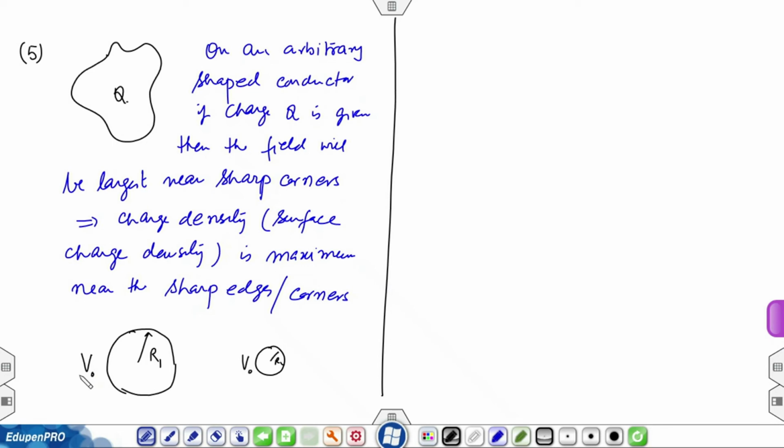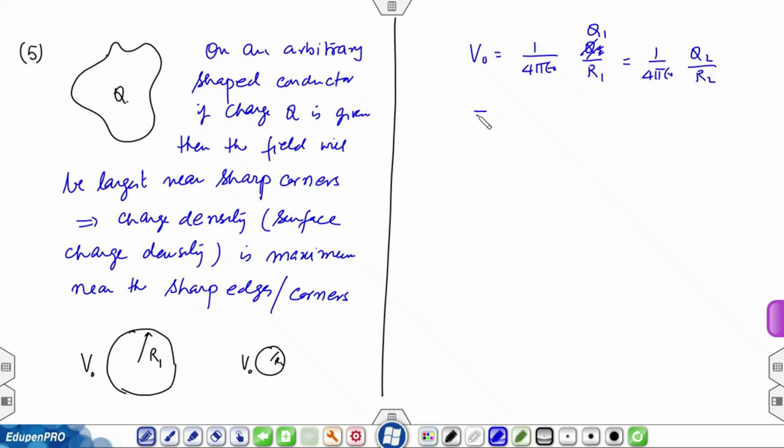And I want to find out what are the charges on the two. So, V 0 is going to be 1 over 4 pi epsilon 0 q 1 over r 1, which is also equal to 1 over 4 pi epsilon 0 q 2 over r 2.